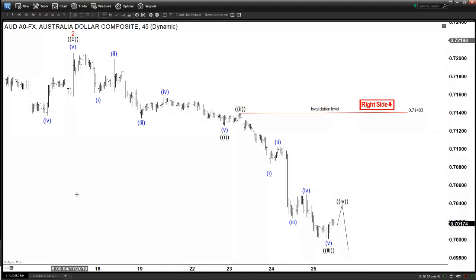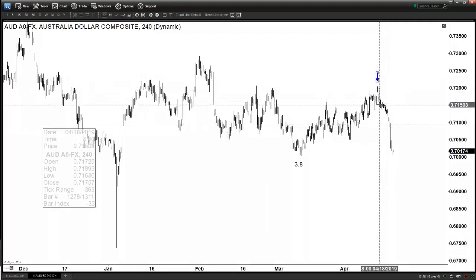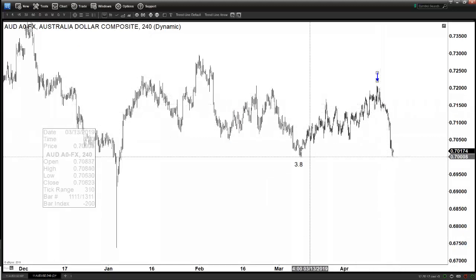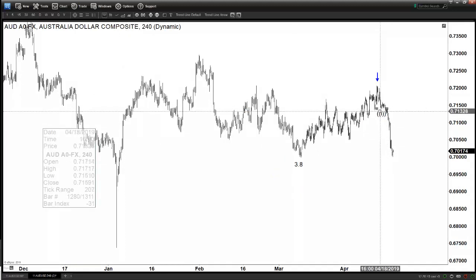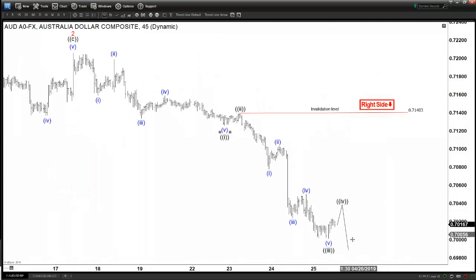So then we got wave 2 here. There is a 1 2 and then 1 2 again, right? So if we have to put the labels, that means we are somewhere here, 1 2, and there's another 1 2 here as well, 1 2 1 2. Now ending with wave 3 over here, and then we have a wave 4 and a wave 5.